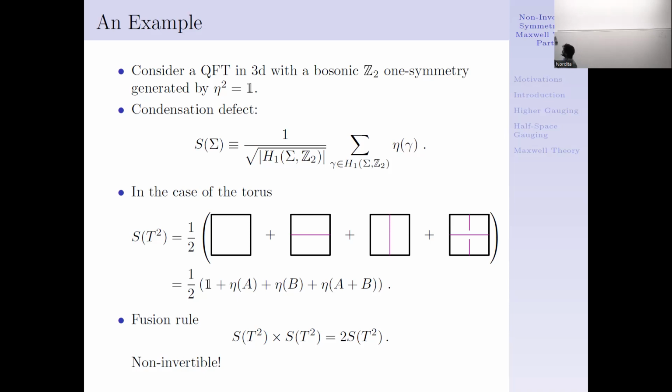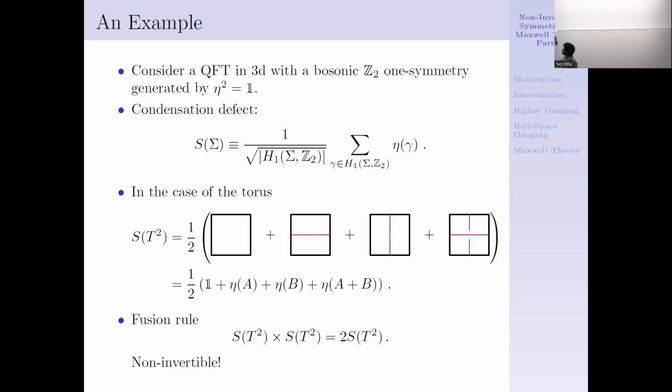So here we choose a surface sigma, and we sum over insertions of the line eta along all the Z2 cycles of sigma. And we have also introduced a normalization factor just for convenience, which, as also Luigi mentioned, we can change by sticking an Euler counterterm of sigma.